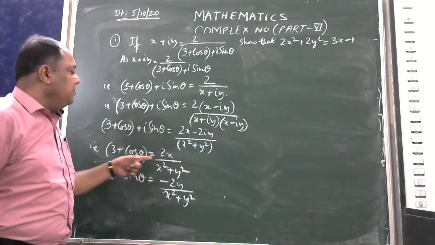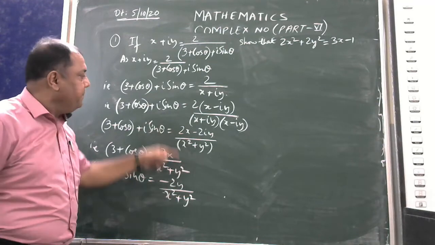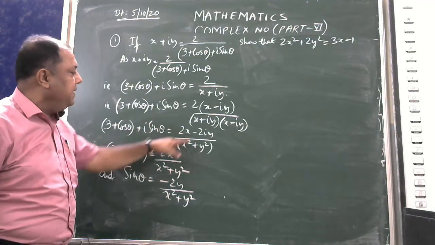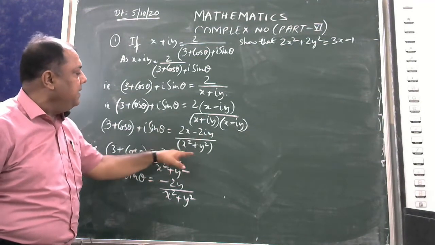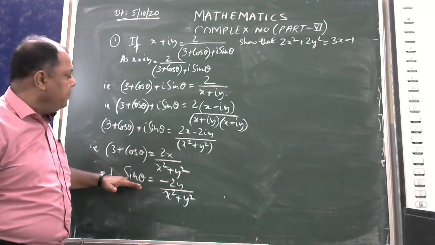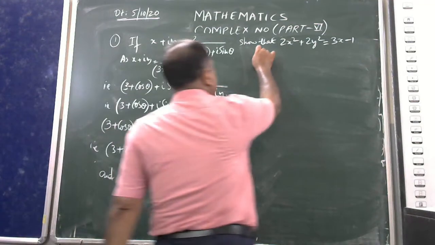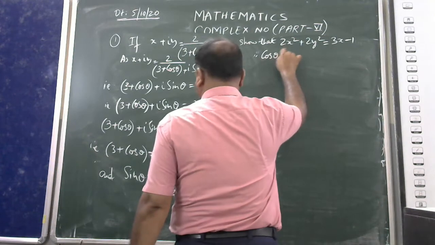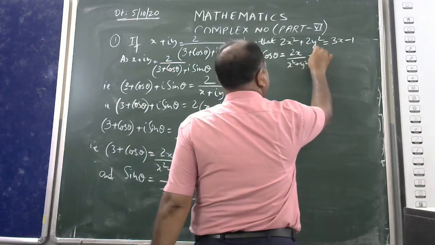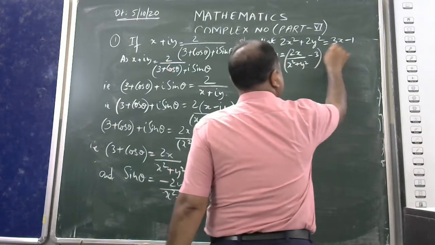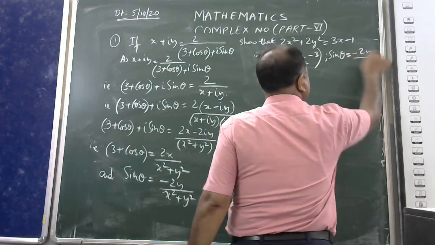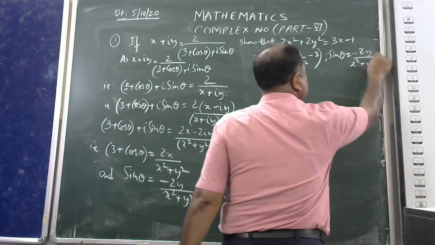Therefore cos theta is equal to 2x by x squared plus y squared minus 3, and sin theta is equal to minus 2y by x squared plus y squared.